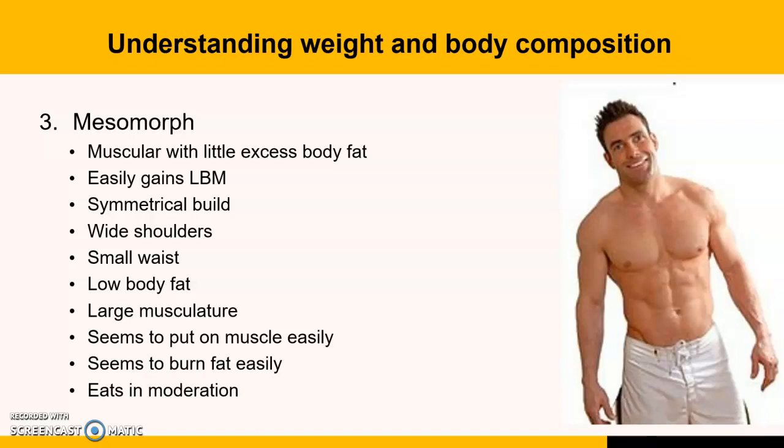Dan antara tiga-tiga ni kita tahu bahawa this kind of somatotype may be useful bila kita nak bincang pasal genetic predisposition ataupun body composition, especially untuk atlet yang have set the unrealistic goal and are struggling with body image problem.